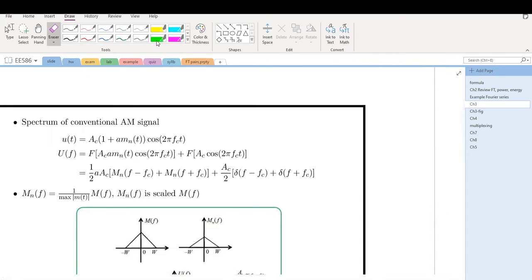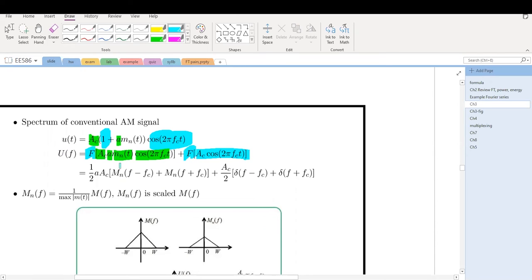That's A_c, and small a as the modulation index, m_n(t), time domain signal, cosine 2 pi f_c t. And this term, 1 and cosine 2 pi f_c t. You take the Fourier transform of the first term, and notice this is a scalar. We take it out first, and then we use the modulation property on these two terms.